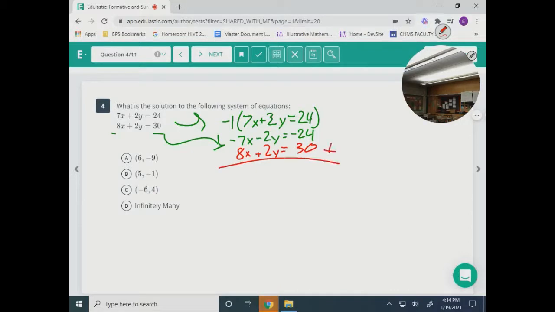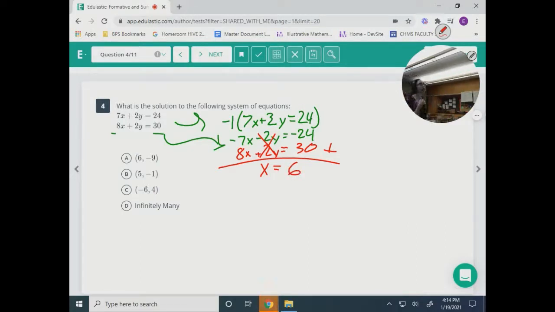And I add those two equations together, okay? So when I do that, these cancel out. I'm left with -7 plus 8 is a positive x is equal to -24 plus 30 is a positive 6. So x is equal to 6.